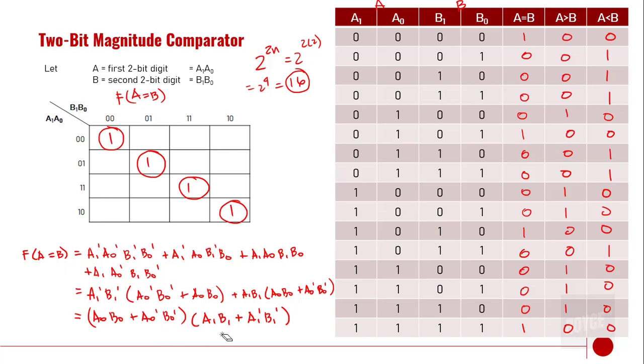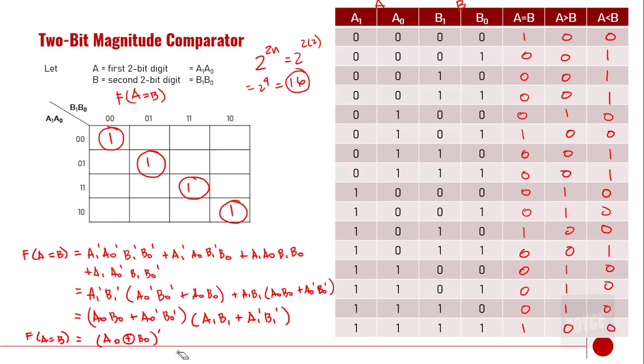Now in this format, we can see that there are two XNOR gates that are gonna be used here. So our final form or simplest form for our A is equal to B output will be A0 naka-XOR sa B0 and then in-NOT gate natin.